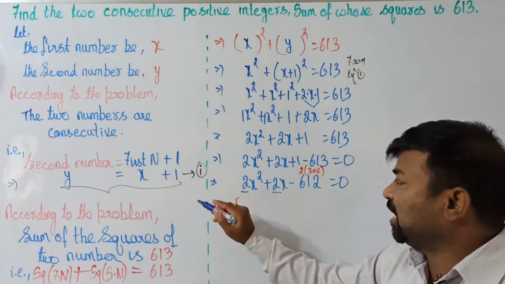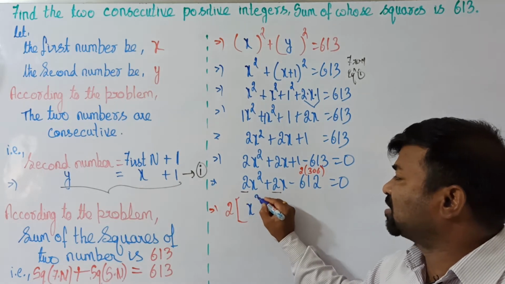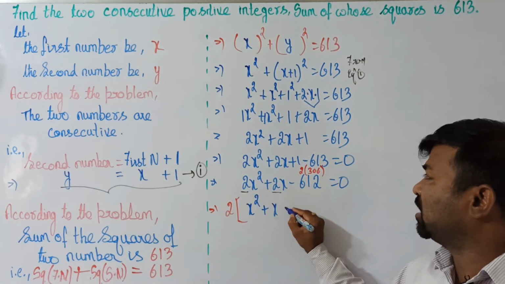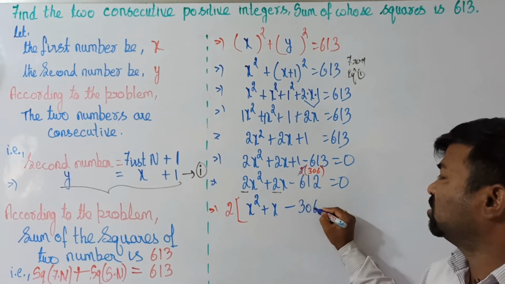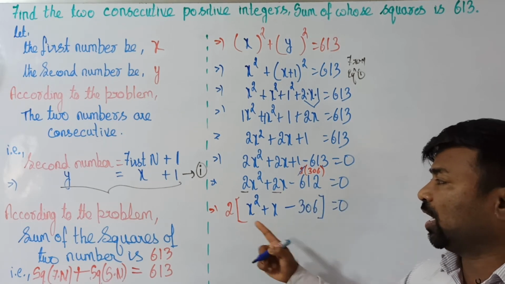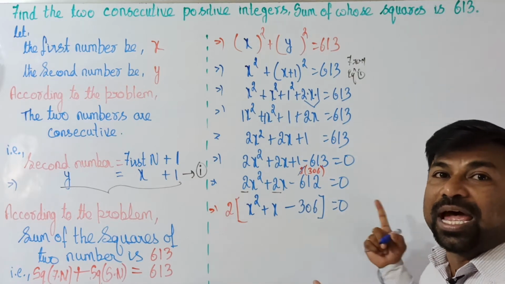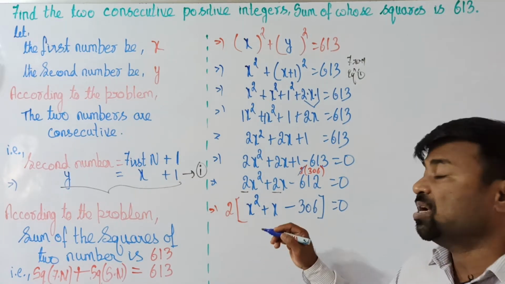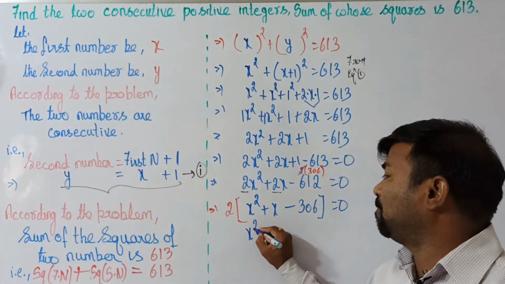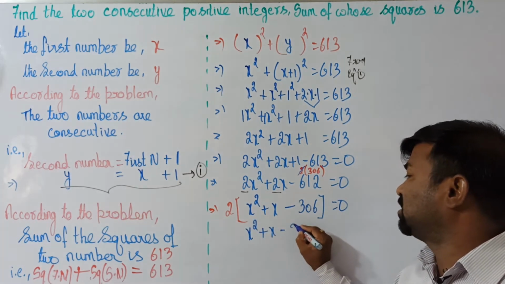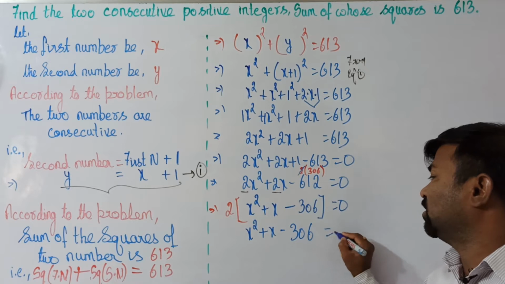If I take 2 out, what is left over? x squared plus x minus 306. Now 2 is multiplying this side, if it goes to the other side, divide. Now 0 by anything is 0. So x squared plus x minus 306 is equal to 0.